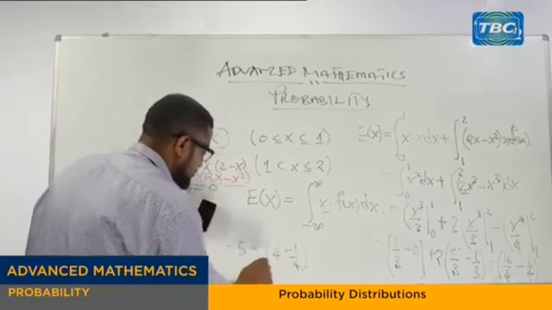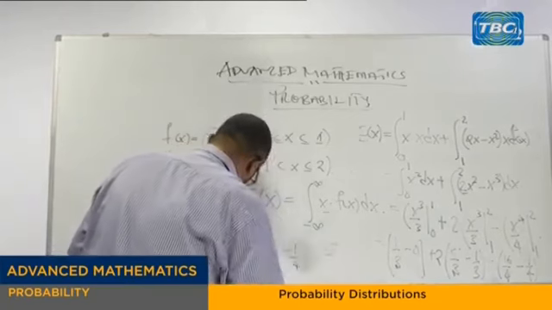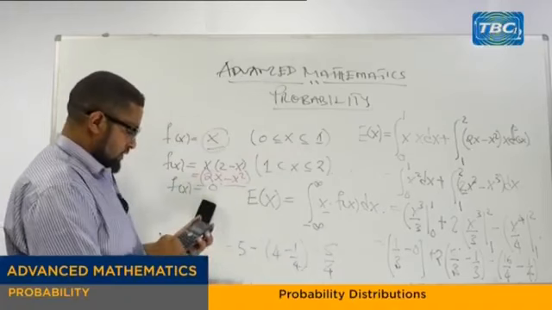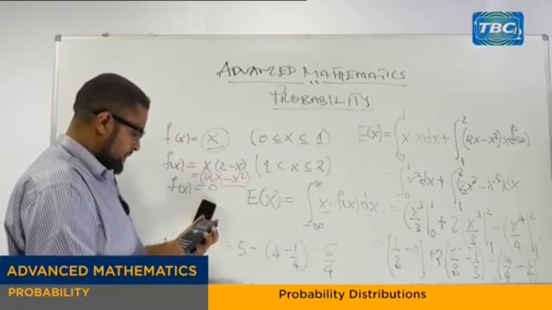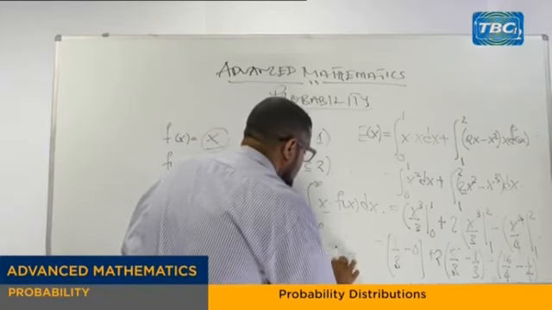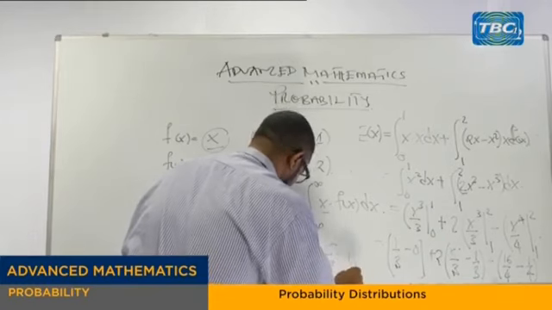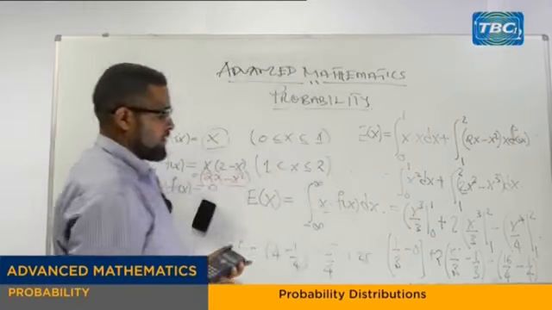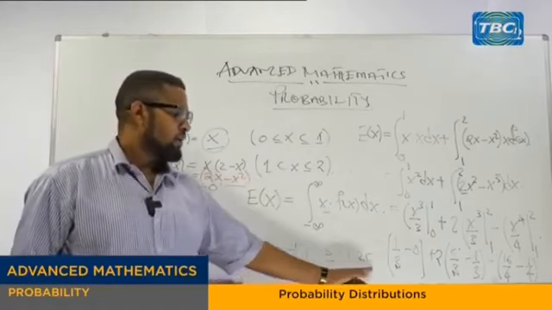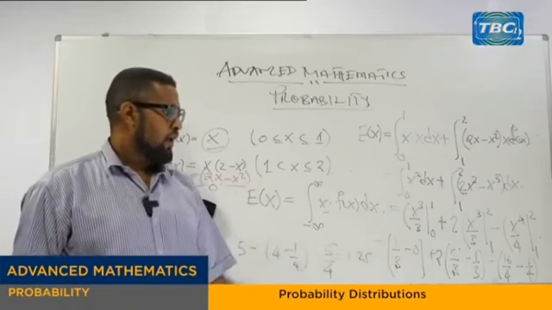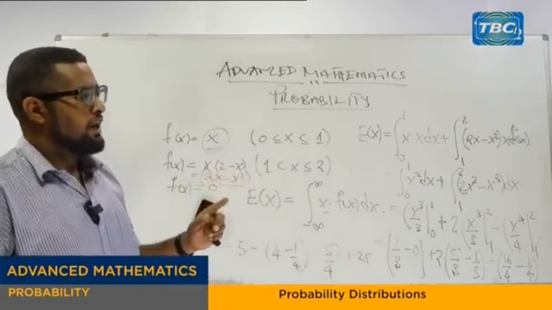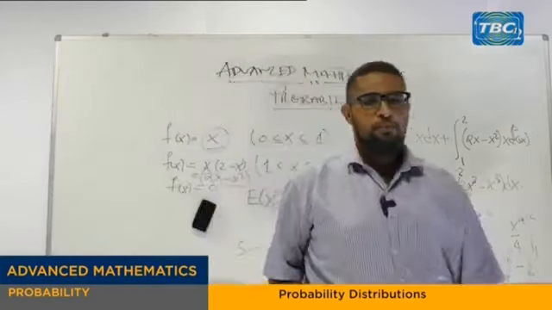The final solution is 5 over 4, which when you write in decimal is 1.25. So you may decide to leave your answer in fraction form or in decimal number like 1.25. That is how to find the expectation of variable x under continuous random variable x.